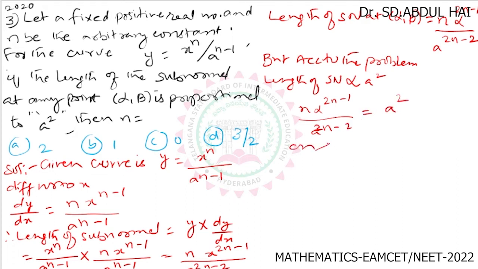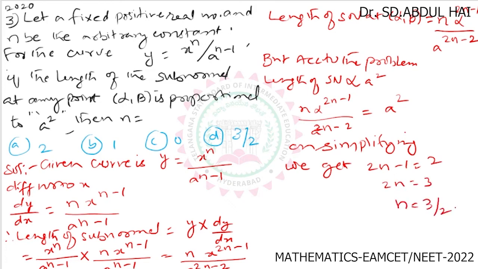On cross multiplying and simplifying, we get 2n minus 1 is equal to 2, or 2n is equal to 3, or n is equal to 3 by 2. Therefore, my answer is n is equal to 3 by 2. So which option? That is the fourth option, D option.